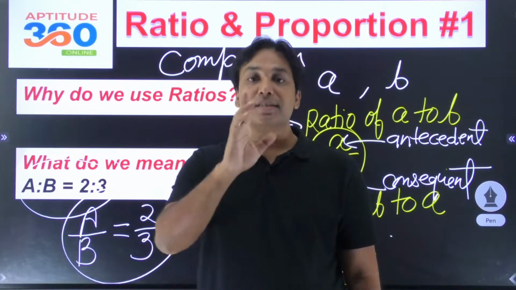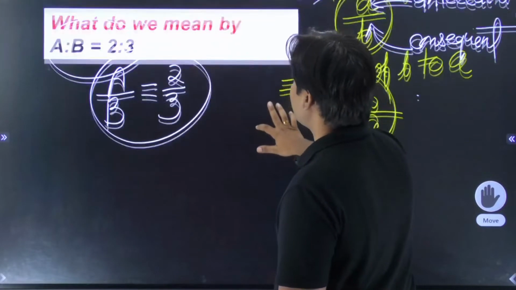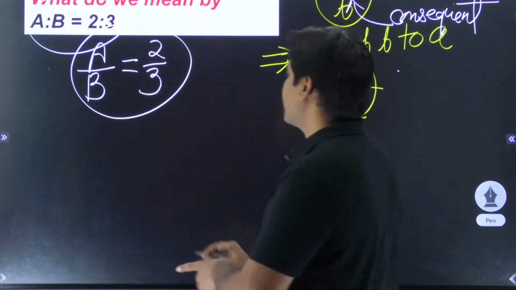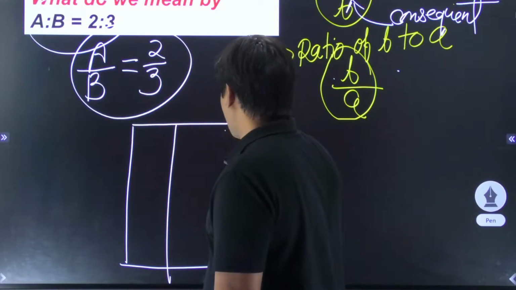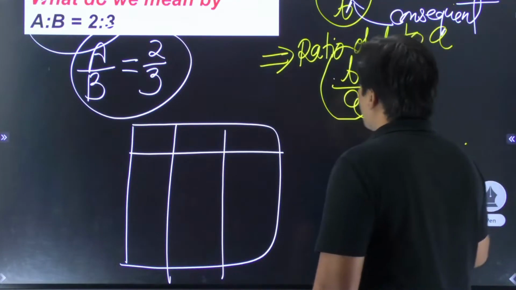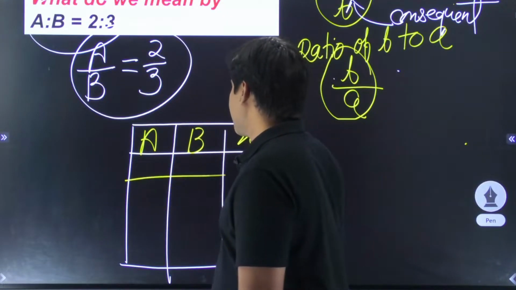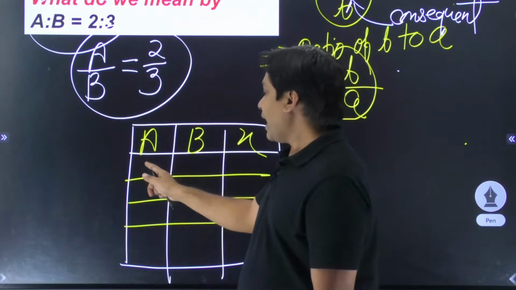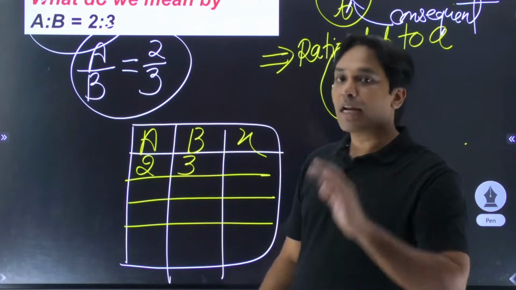That's understanding number one. What is the second understanding? Let me make a table for you so that you understand it well. A and then B and then X. What is X? We will understand. So when I say that A is 2, B is 3, understand the statement.